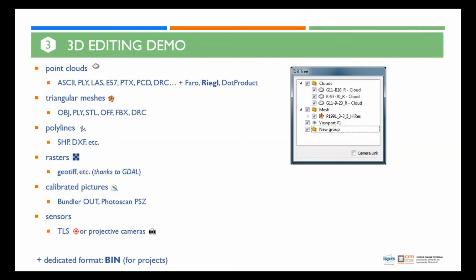But continuing on, we can also load rasters, calibrated pictures, and sensors, the TLS, that gives us info on the instrument we used. And the file format of CloudCompare, as I'm going to show you, is the point bin for CloudCompare.